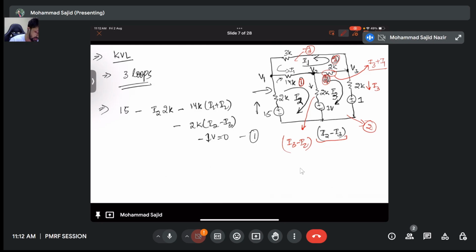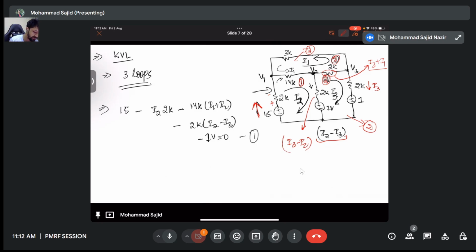Now I need to write a KVL for, let's say, loop 1. So what I will do, I will traverse a path given by this direction. First is an increase in potential, that is 15 volt. And then in the resistor, there is a drop in potential, right? And the current flowing is I2.